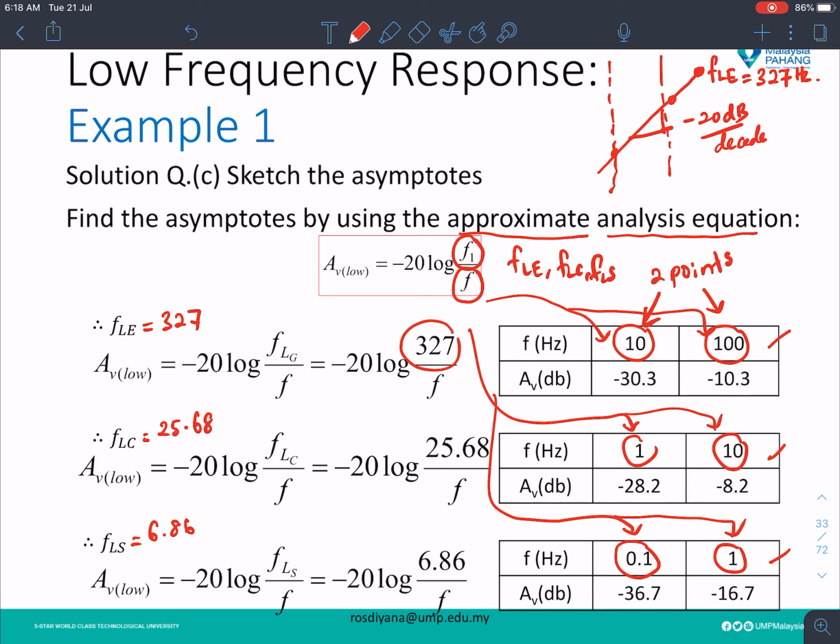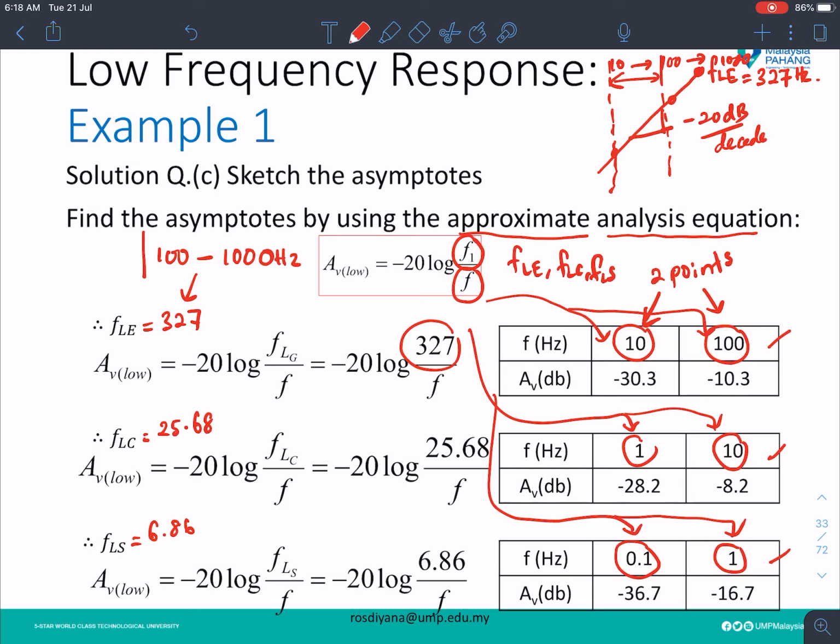327 is in the range from 100 to 1000 Hertz. So we take another decade in front of it. Let's say this is from 100 to 1000. Then we take another decade in front of the 100, which is from 10 to 100.